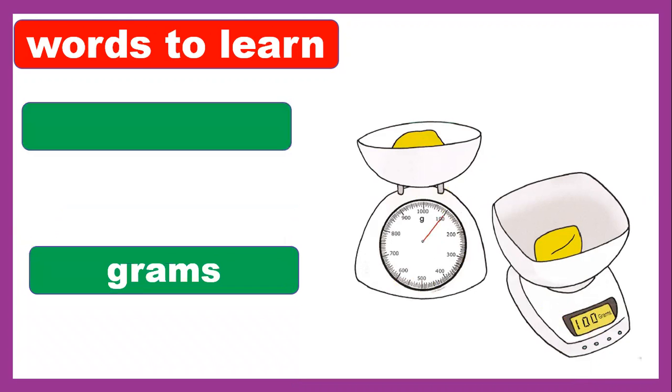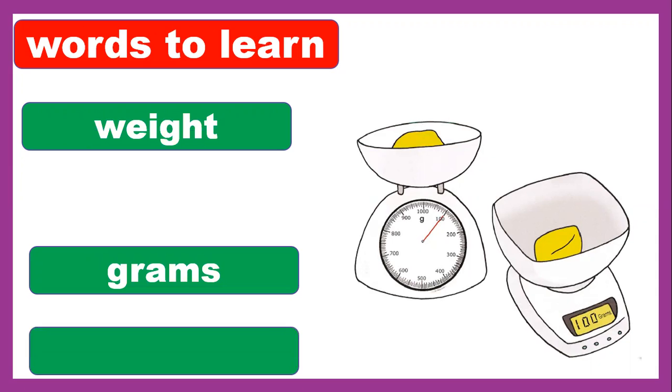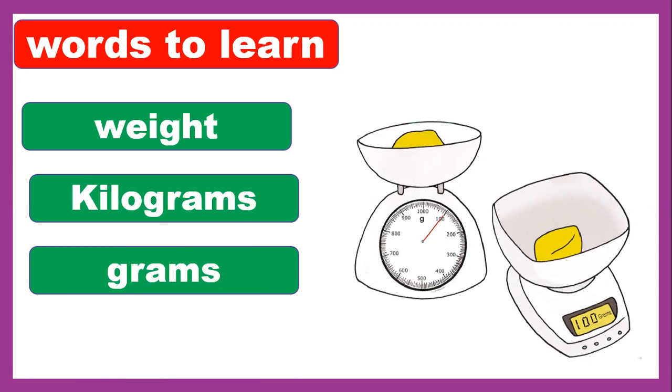So when you compare weight, there are two more important things: grams and kilograms. You learned that when you measure length you use meters and centimeters, but when you measure the weight you need grams and kilograms.